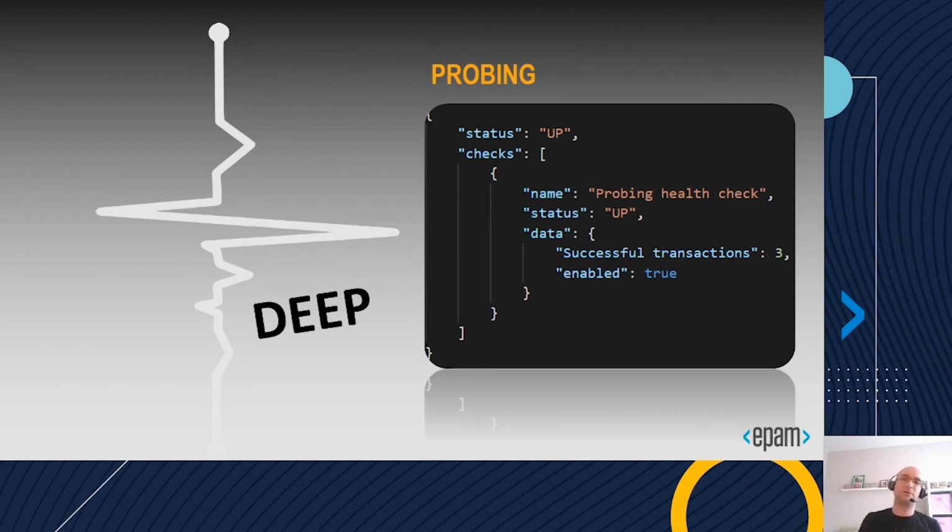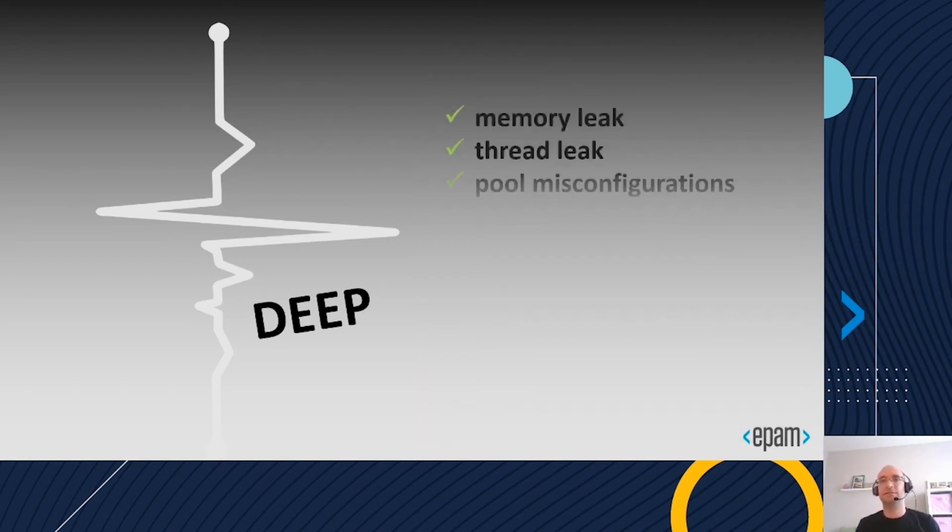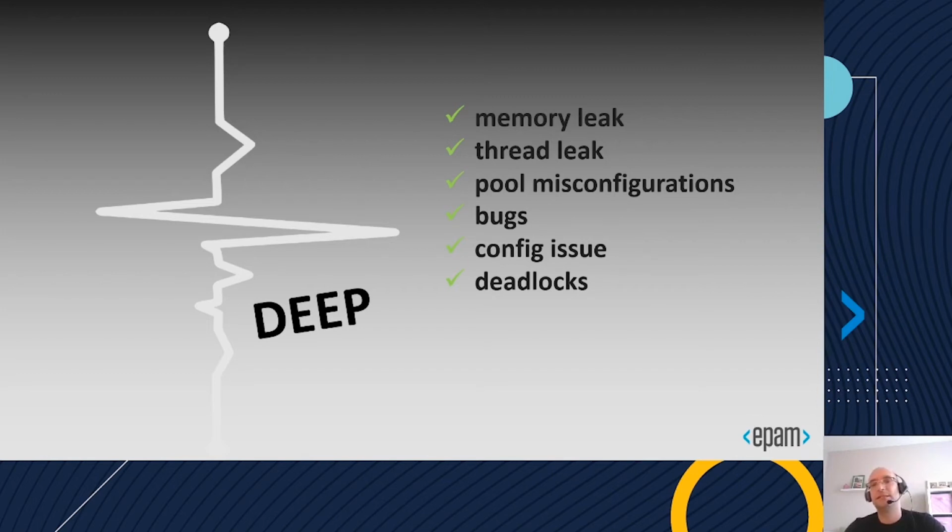Even better, go through with an HTTP forward to the original controller and don't try to mess around in a lower layer, because if my circuit breaker implementation is usually at the controller part of the MVC, I'm not going to be in sync with the circuit breaker setup. Okay, so with deep health checks, especially with probing, we are going to be able to capture most of these issues.